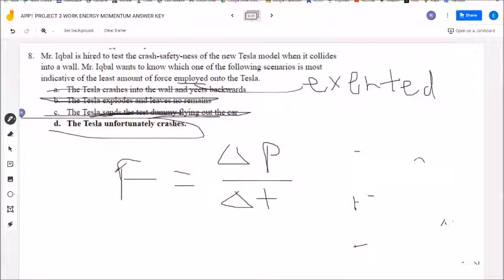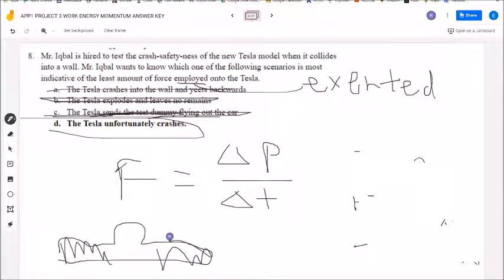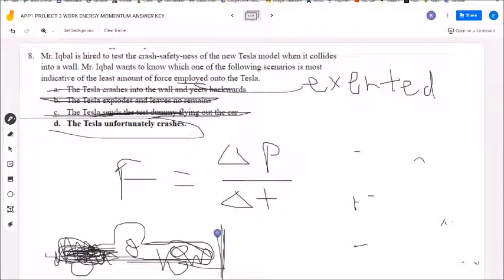But another explanation as to why D is the right answer: when the car crashes, you know how a car has that suspension, or something, I forgot the technical term. The reason cars are designed like this is because of that crushing force into a wall. It takes a great amount of time, right?